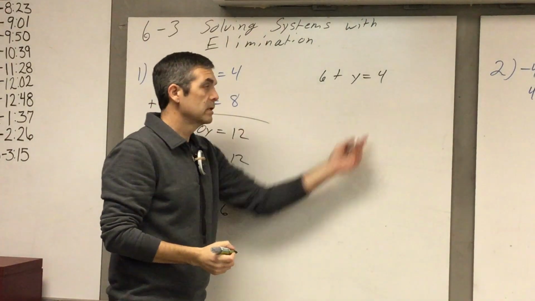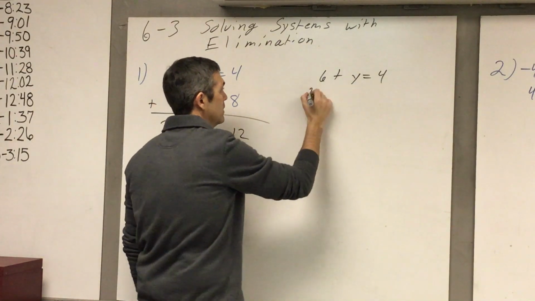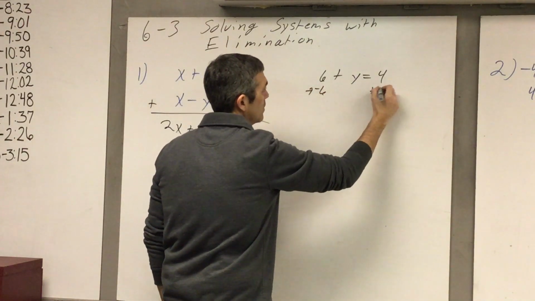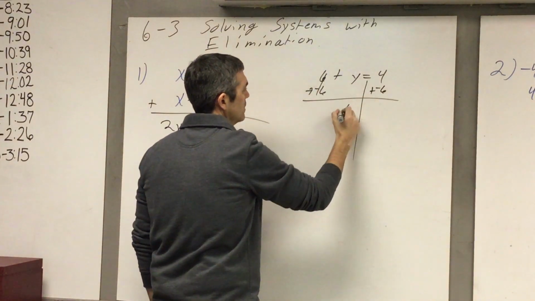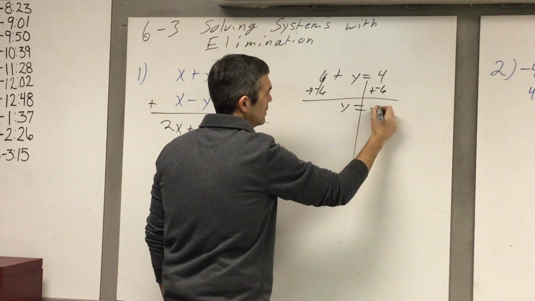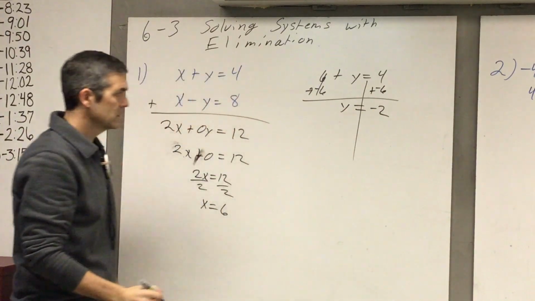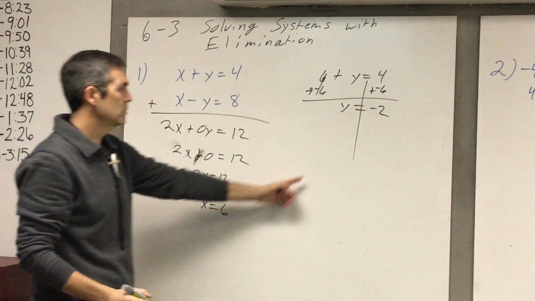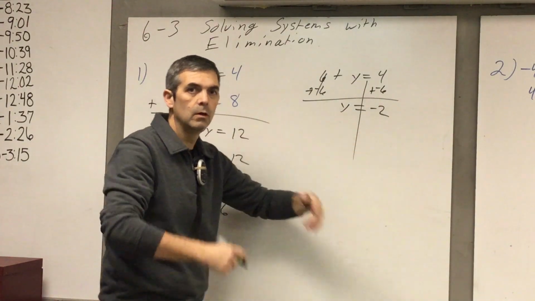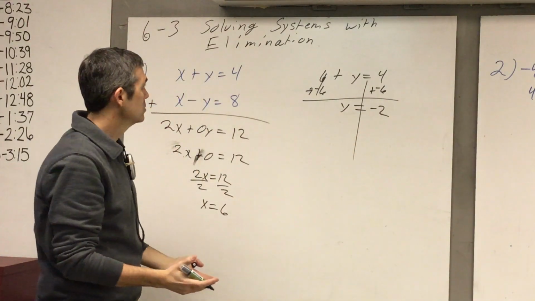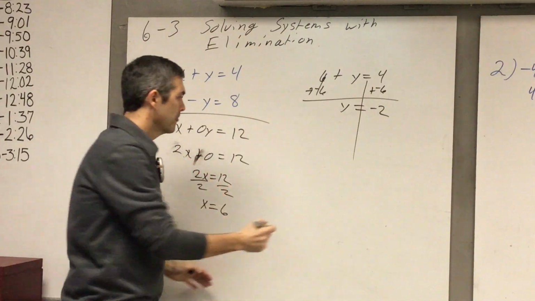Now, get the variable all by itself. Add the inverse. That eliminates that, leaving me with y equals negative 2. Okay, so my solution is x equals 6 and y equals negative 2, that's our solution where both lines cross, right?